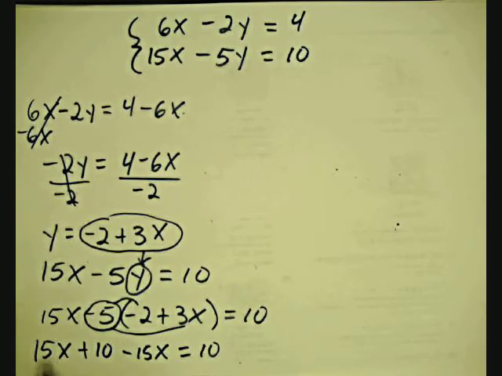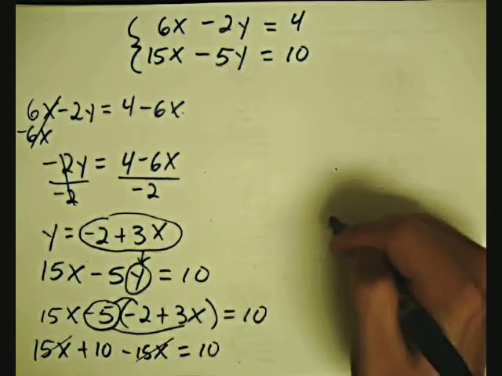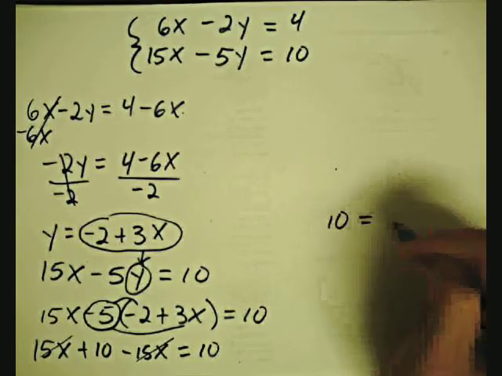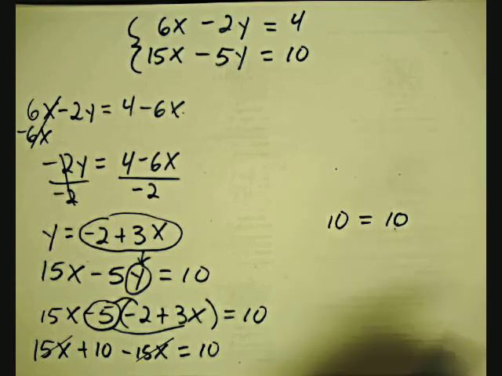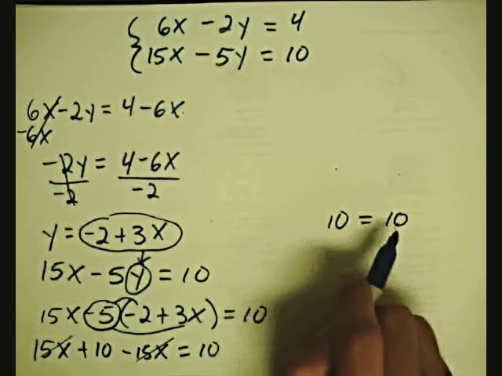If we combine like terms, 15x minus 15x is 0. And so all we're left with on the left-hand side is 10. Our variable completely canceled away. And so like other equations, if your variable completely cancels away, you want to analyze what you have and determine if it's true or false. We're left with 10 equals 10.